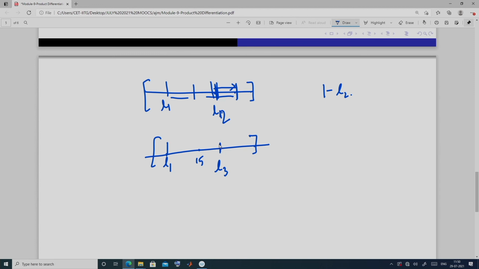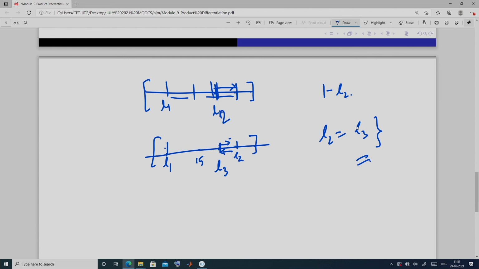I hope it is clear, because if L2 is here, then firm 3 will move this way, or if L3 is here, firm 2 will gain by moving in this direction. So, that is why L2 is equal to L3. This is true. Now, when this is true, from this diagram, because this length is very small, we get that this should be true.